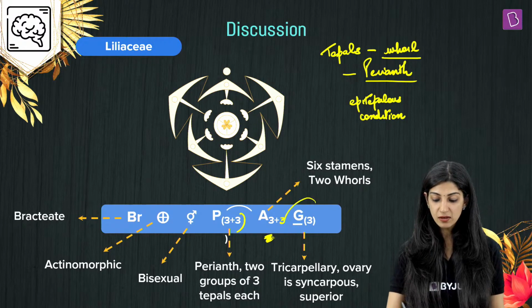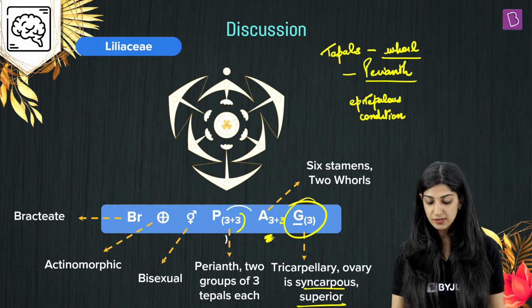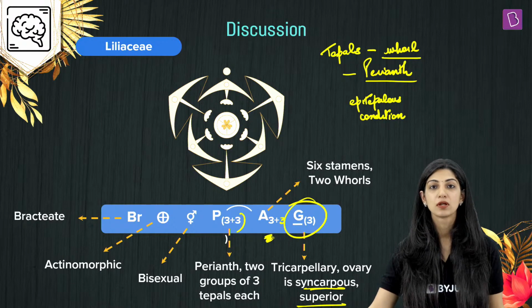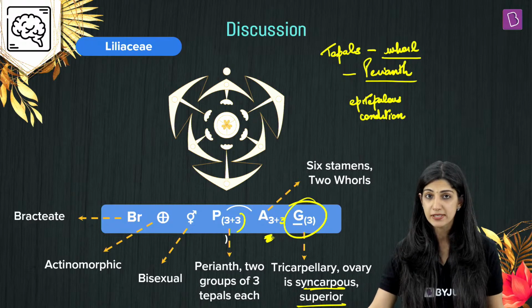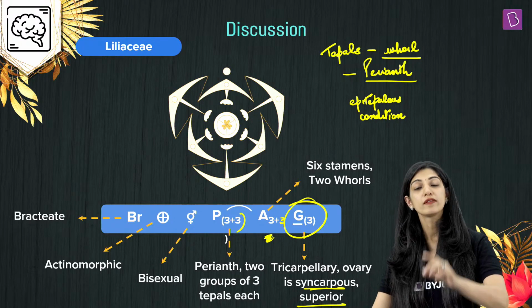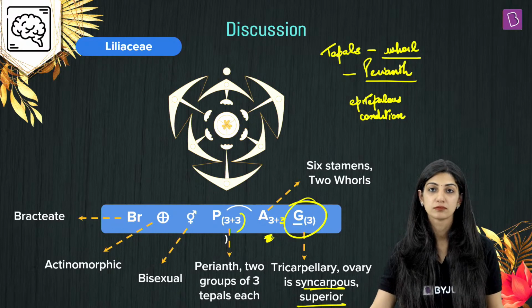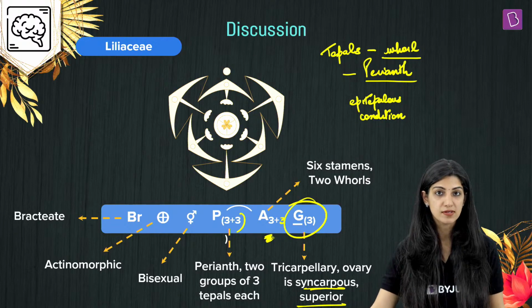And the ovary still remains superior, tricarpellary and syncarpous. Works? So now when you have to solve questions of floral formula, I hope you'll not be scared, because you just have to look. The right answer would have these features. You can see the trimerous flower in this clearly.